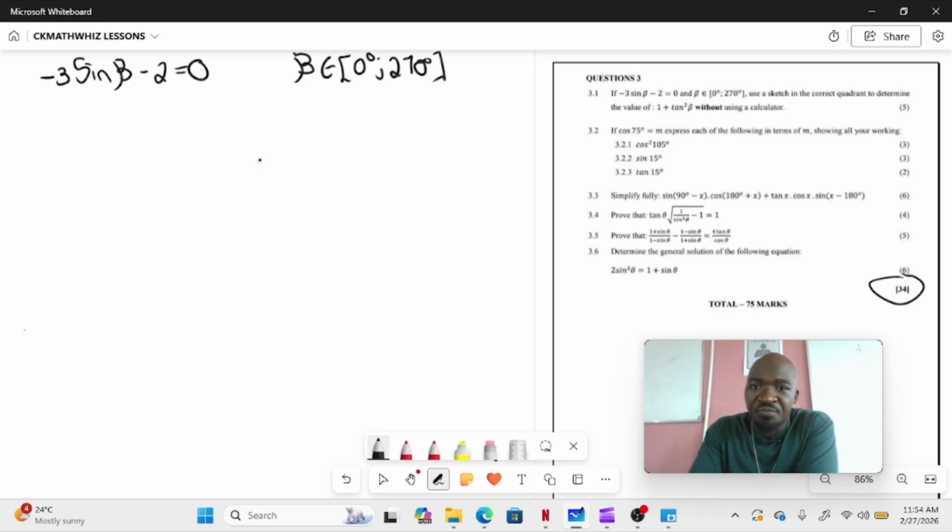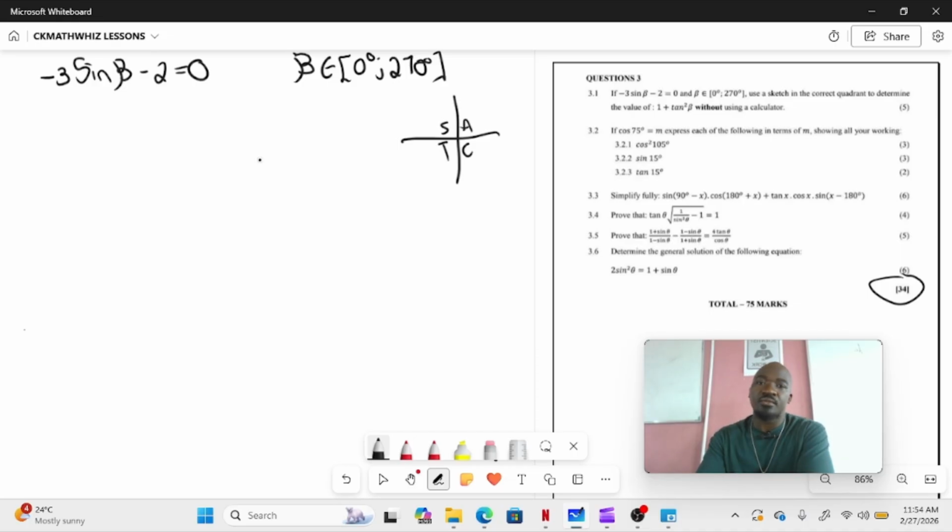Let's just draw that sketch on the side. Remember, it's supposed to be CAST. It's C, A here, S here, and T here. Sorry about that, but okay, let me just fix it. It's just going to be CAST. So let's draw that graph there.